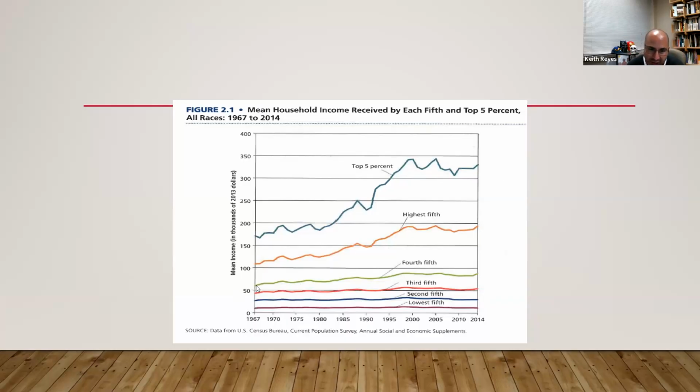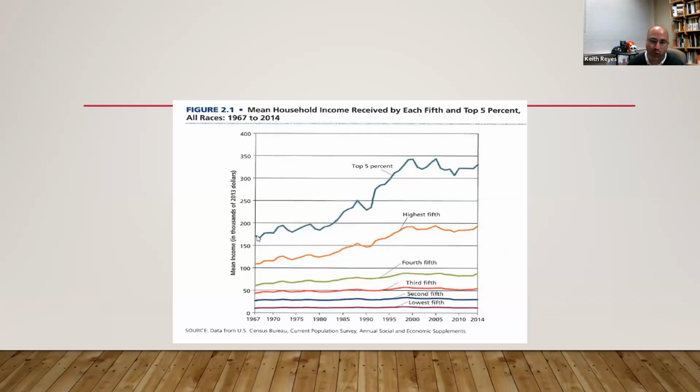So the middle class started in 1967 with about $60,000 and ended close to $90,000. So they saw a little bit of an increase. The middle class over 50 years saw like a $30,000 increase, which is not too much. I guess you could say it's about a 30% increase in their income over the course of 50 years.